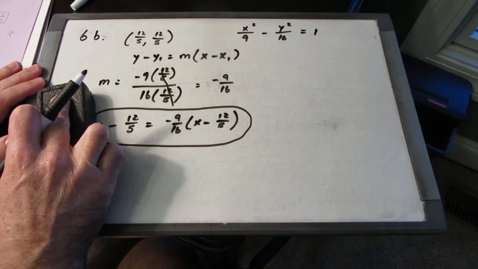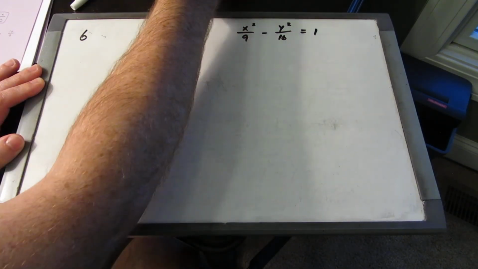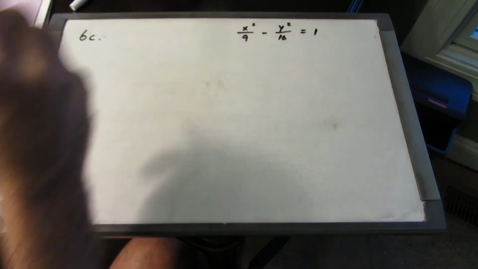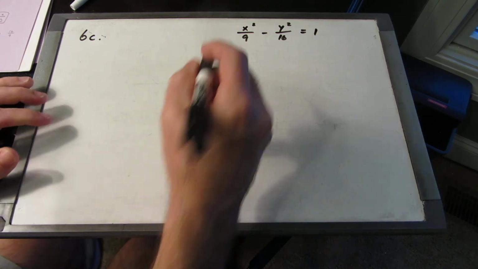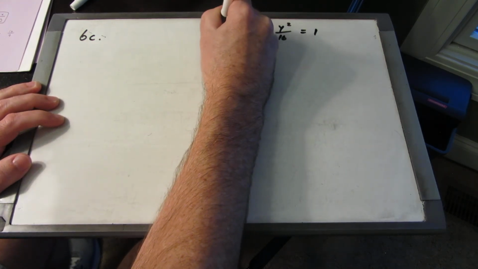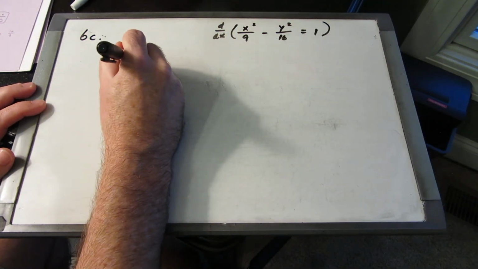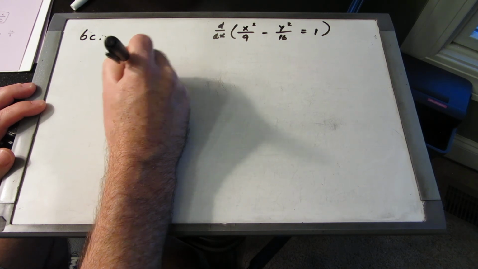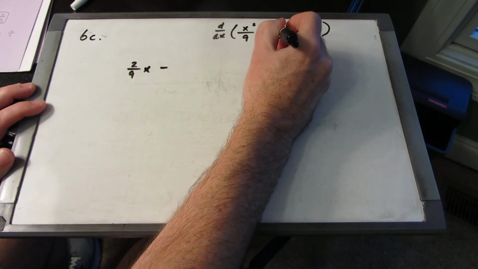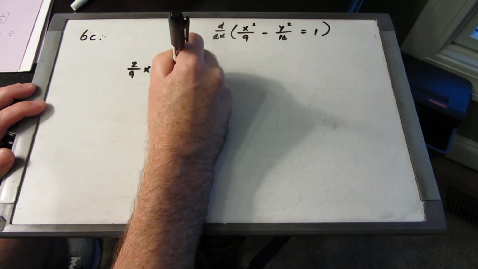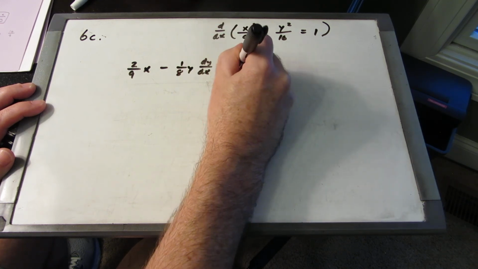Let's see if I can fit part C in here before this thing shuts off. Part C says find an expression for the slope at any point on the hyperbola. Alright, so we want to d dx that value, so that's going to be 2/9 x minus 2y over 16, which would be 1/8 y, dy dx is equal to 0.